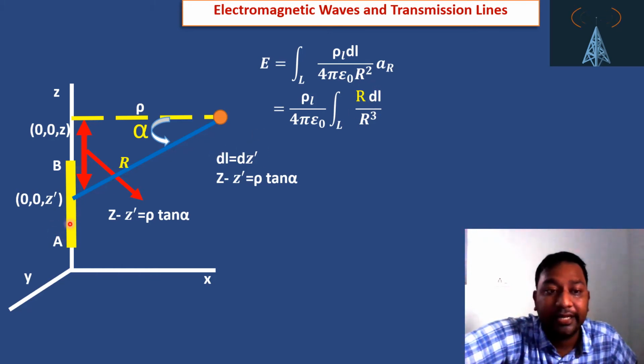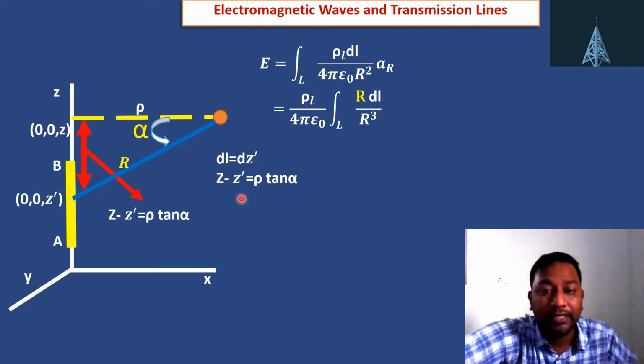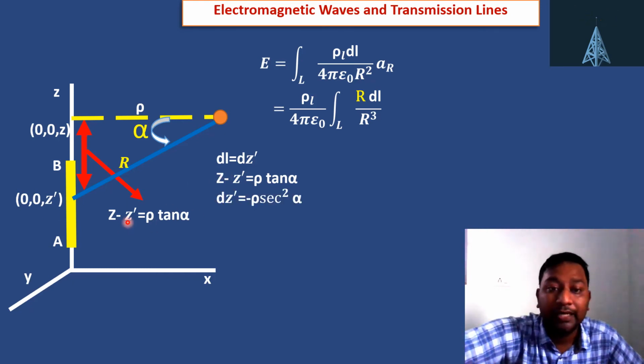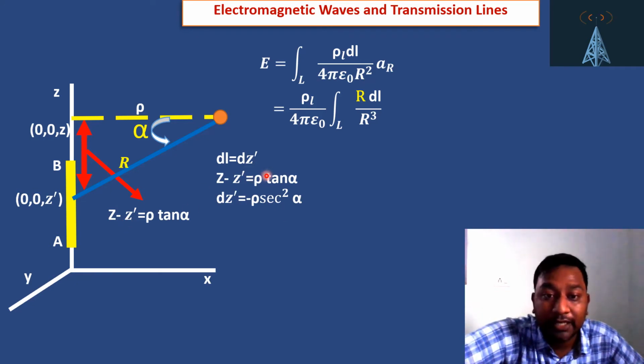We know z minus z dash equals rho tan alpha. Since z is constant, minus dz dash equals rho sec square alpha d alpha. So dz dash equals minus rho sec square alpha d alpha.